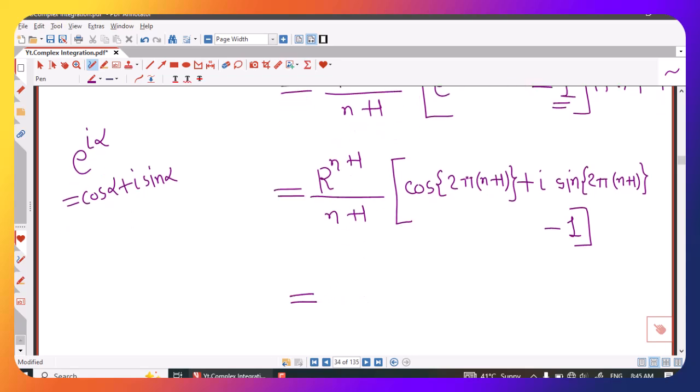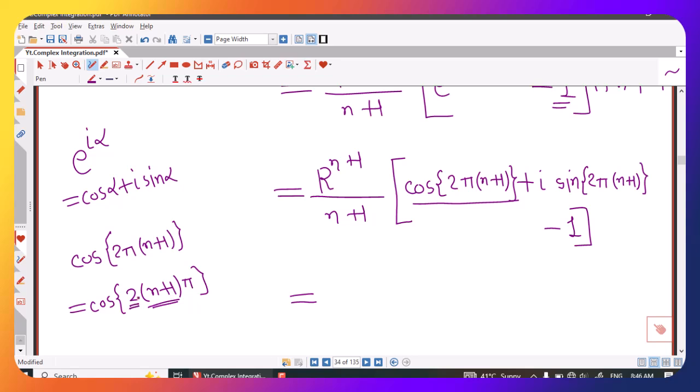And now we have to decide these values, and we can write this cos of 2 pi into n plus 1 equal to, we can rewrite this as cos of 2 times n plus 1 into pi, and because n is an integer, n plus 1 is also an integer, and this is also an integer, so we have an integer multiple of pi here. 2 into n plus 1 is an integer because n is an integer, and we know that for the cos function, if n is an integer, cos n pi is minus 1 to the power n.